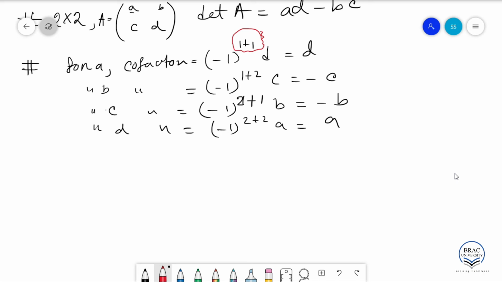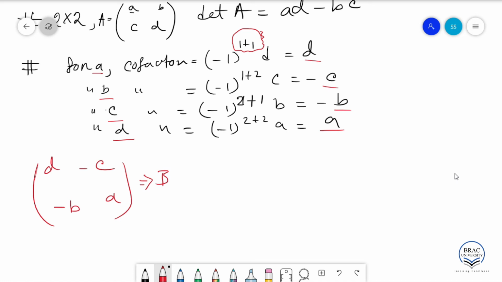The idea is the following: you replace each element, that is a, b, c, d, with its corresponding cofactor. For example, for a the cofactor was d. So let's form that matrix: you put d first, then minus c, then minus b, then a. Let's denote it with capital B.